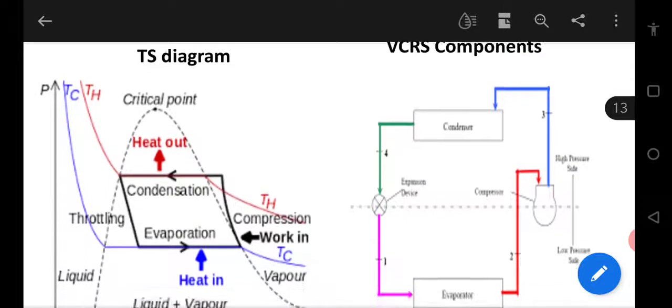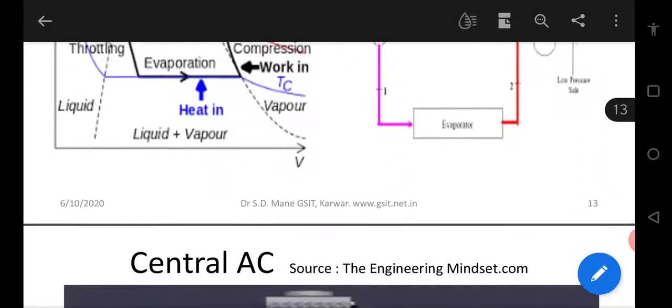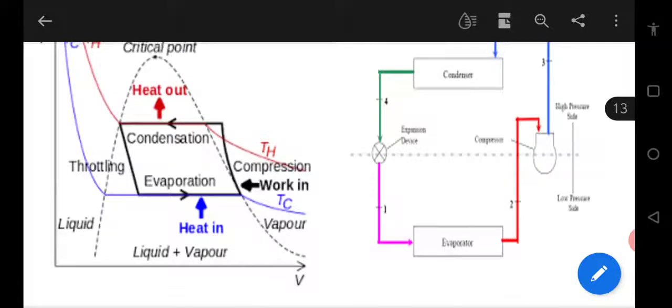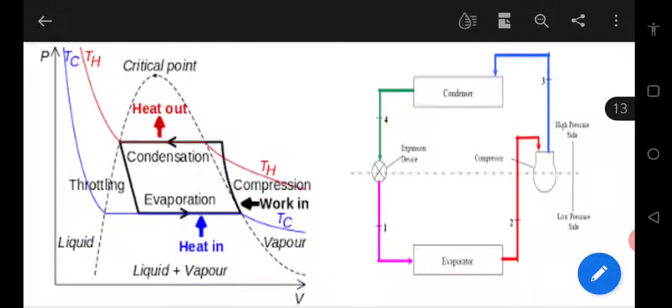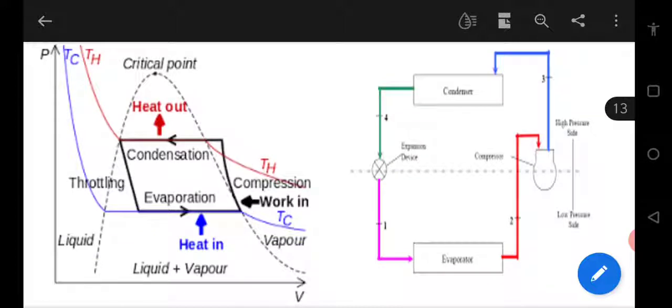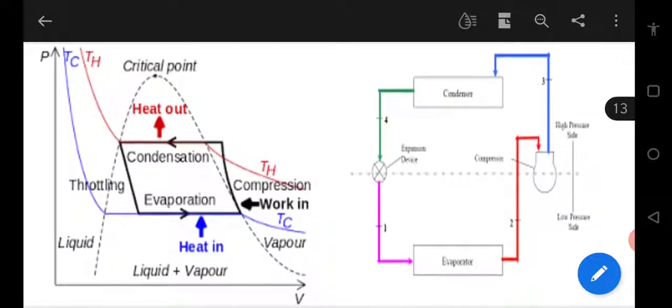So two pressures are involved, the condenser pressure and the evaporator pressure. And as you know, this inverted bell curve has the saturated liquid and saturated vapor lines, and the apex point is known as the critical point.